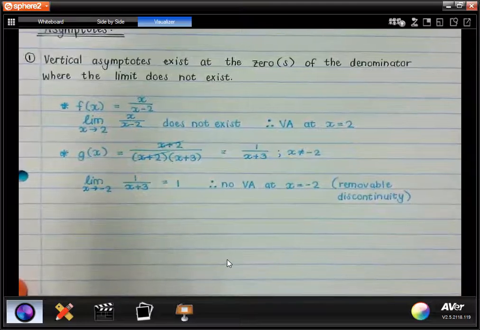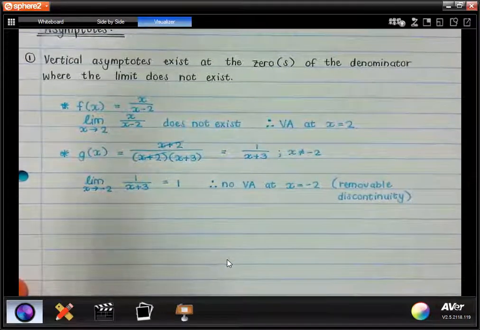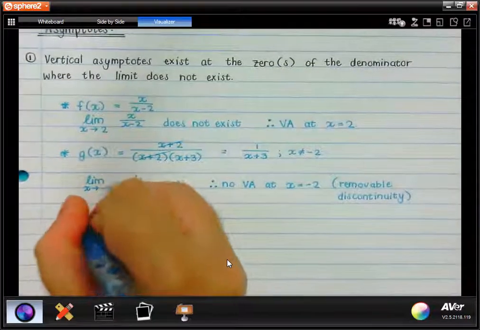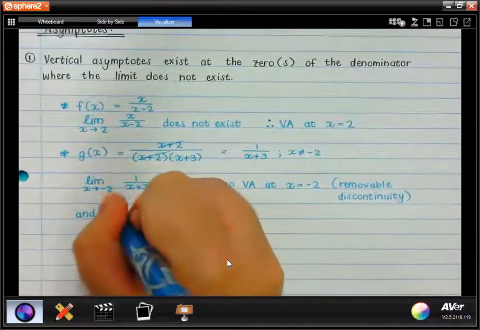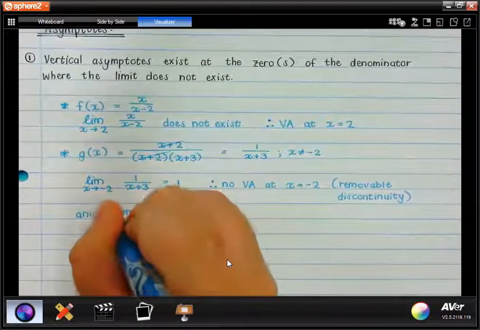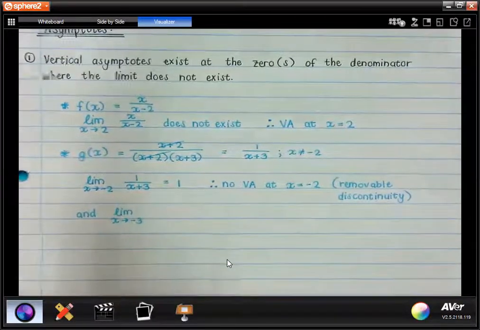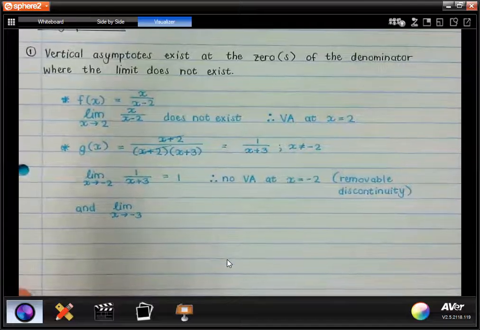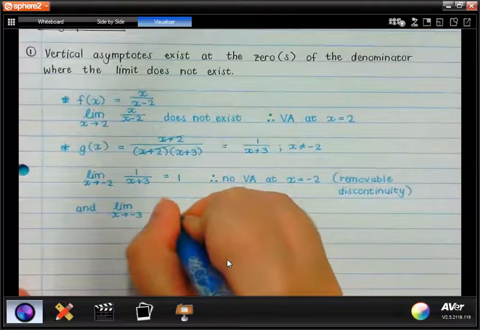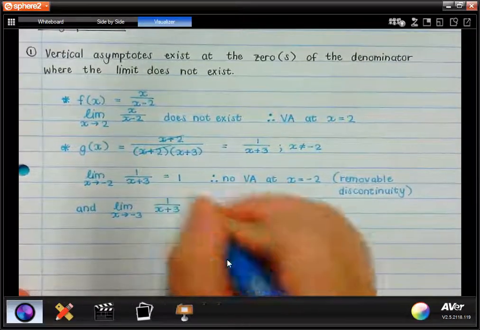Then the other one, let's just write it down so that we have the full working here. So if we look at the other 0 of the denominator, which is -3, and we can use our simplified function here.